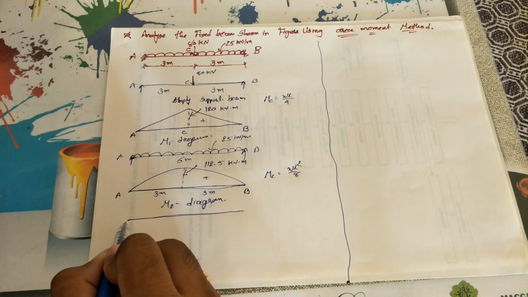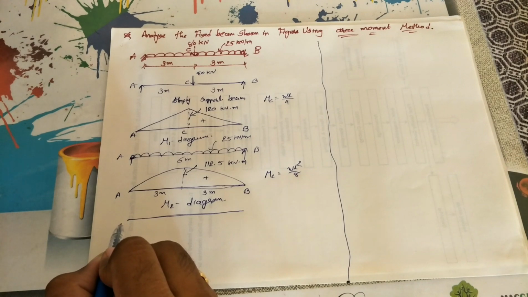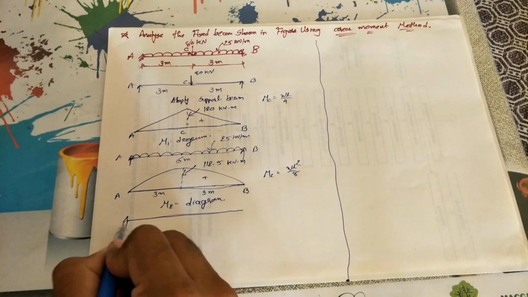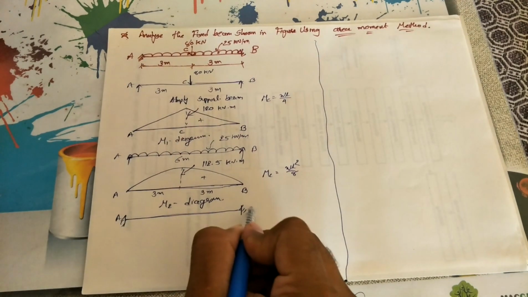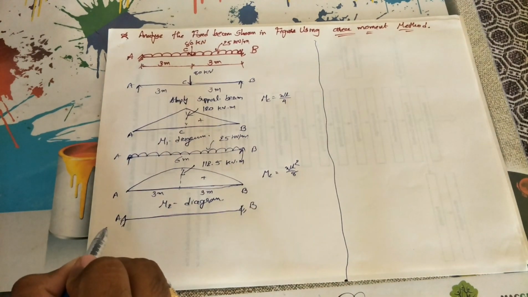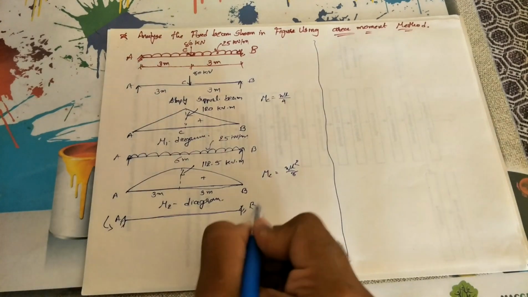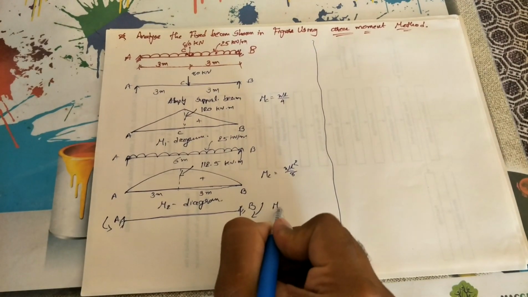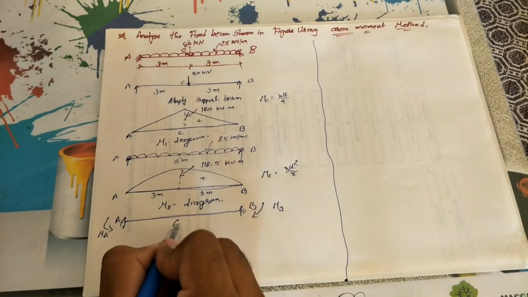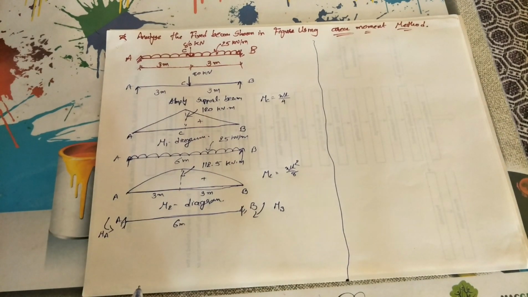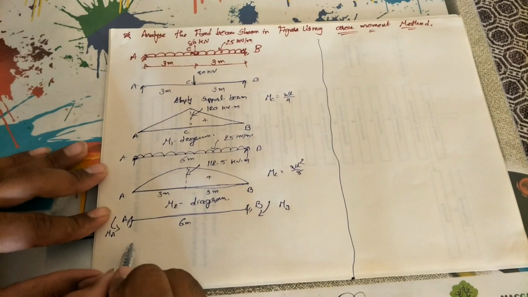For a simply supported beam, assume end moments. This is MB and this is MA. Span is the same, 6 meter. For these end moments, draw a bending moment diagram.